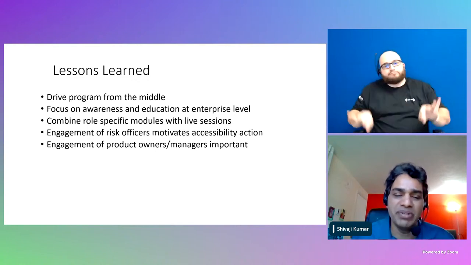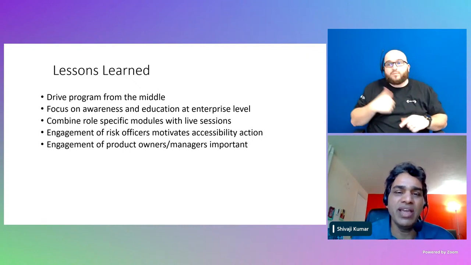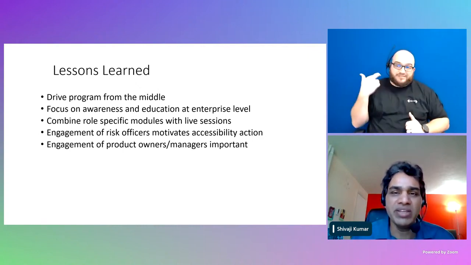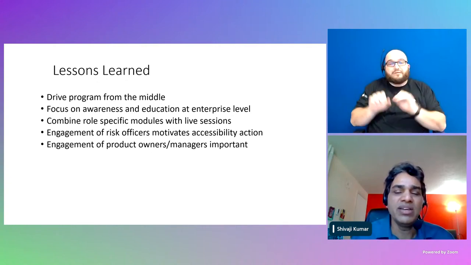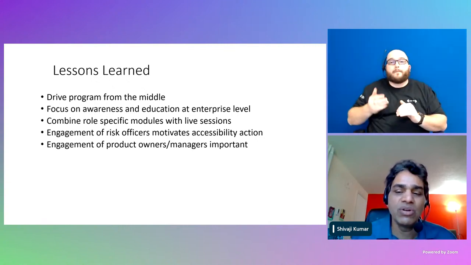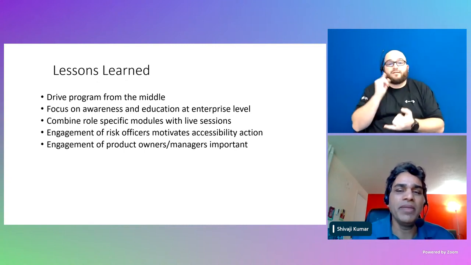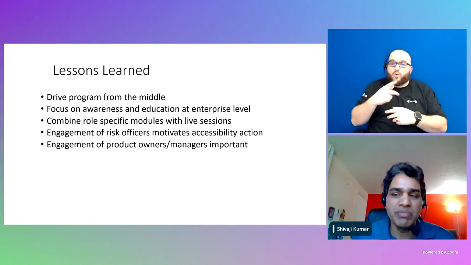And that is what is happening: we are beginning to gain a lot of traction with the risk folks, and we are making them understand how accessibility can actually increase or decrease risk for the company. And then finally, engagement of product owners and product managers.